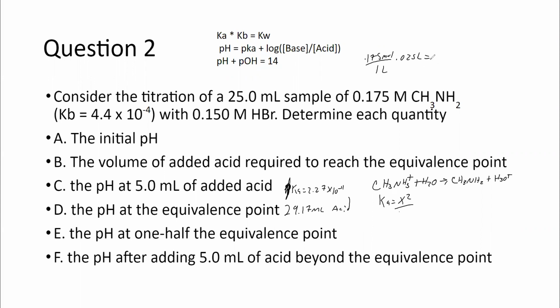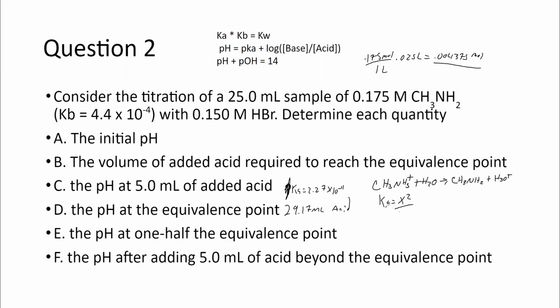And so the amount of moles that I had in my base was 0.004375. Now at the equivalency point, that has all been converted to my conjugate acid because we have added enough HBr to completely react with my base. So that's how many moles of CH3NH3+ I have.